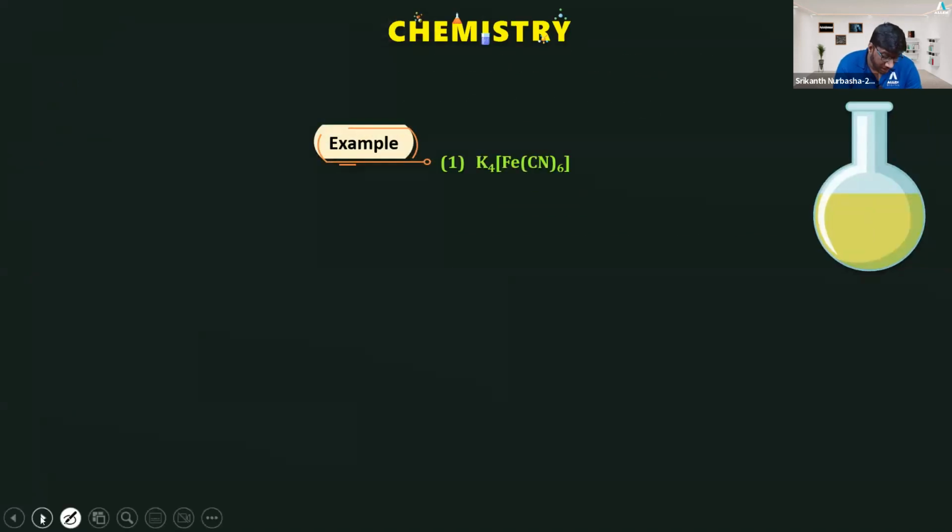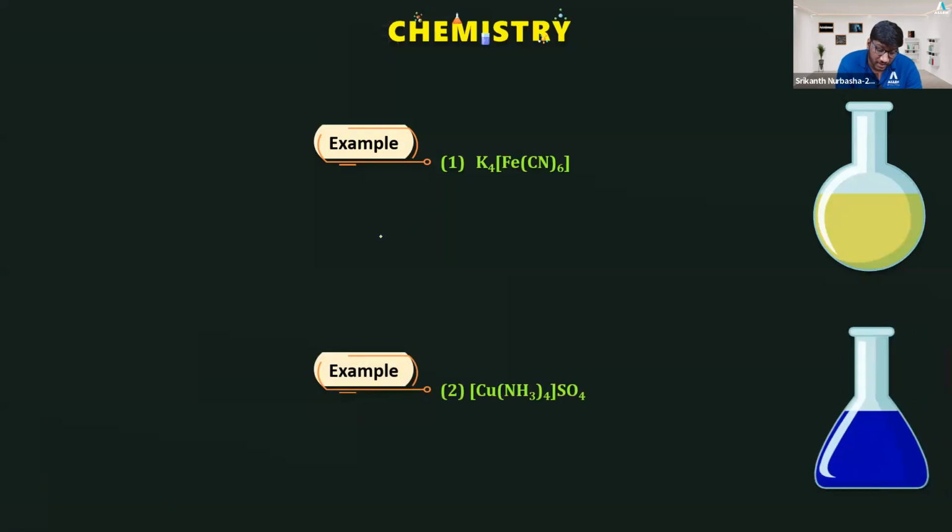K4[Fe(CN)6], the same example they have given. For K4[Fe(CN)6], effective atomic number is equal to atomic number of iron 26, minus oxidation state 2, plus 2 times the coordination number, which is 6. How much is it, students? 26 minus 2 is 24, 24 plus 12, 36. Is 36 the atomic number of your nearest inert gas or not?